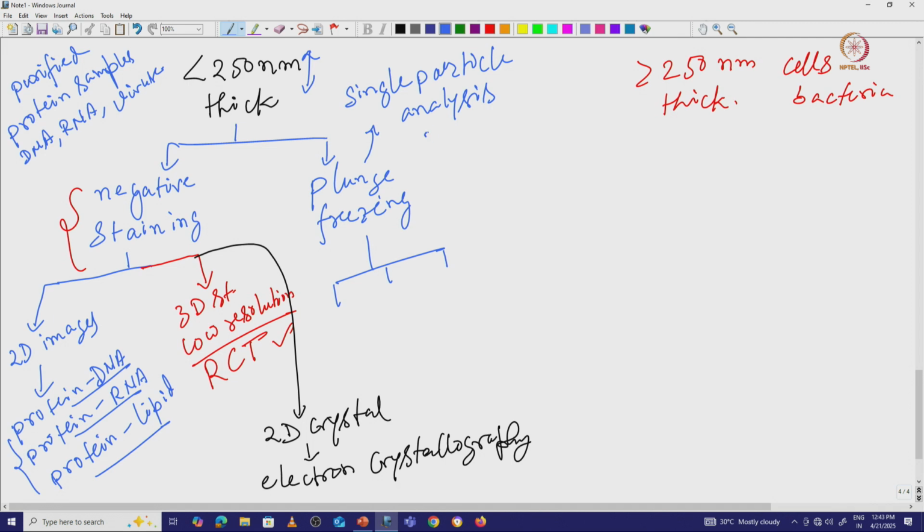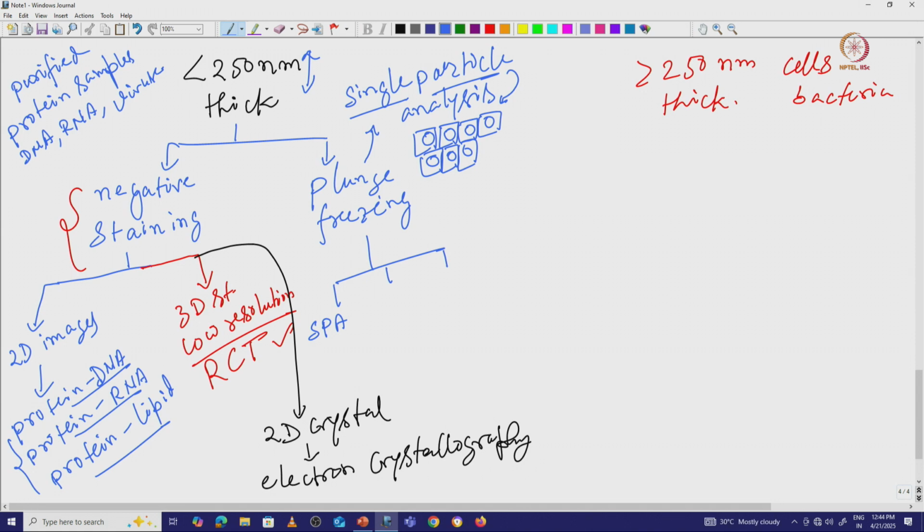We need isolated single biomolecules, which we can separate properly. If they overlap with each other, if they aggregate, single particle analysis is not going to work. That is why it is called single particle analysis. So single molecules are required. This plunge freezing method we can use for single particle analysis for any protein sample where we have single particles.